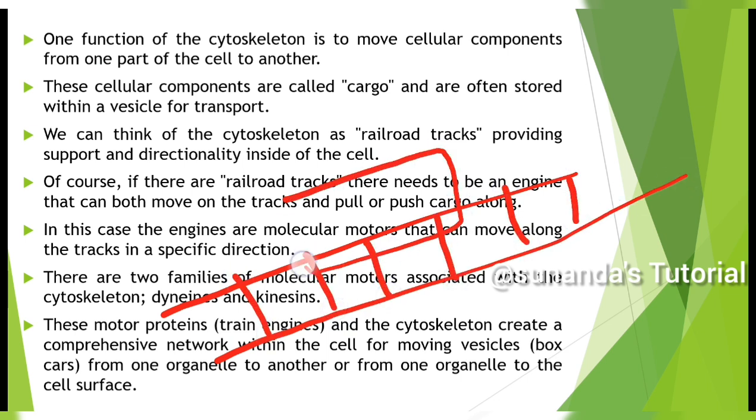The vesicles, inside which the cellular components are packed, move along this direction. So it requires one engine to push or pull it. That role of engine is performed by the molecular motors.